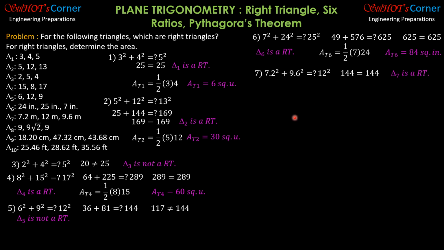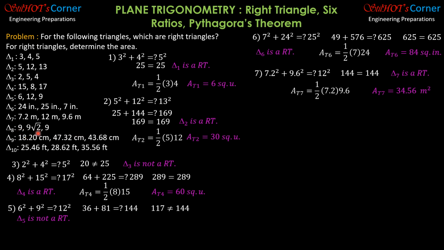And the area is 1/2 of 7.2 times 9.6. So the area of triangle 7 is equal to 34.56 square meters. Let's proceed to triangle 8.